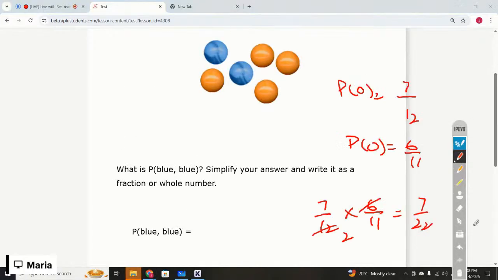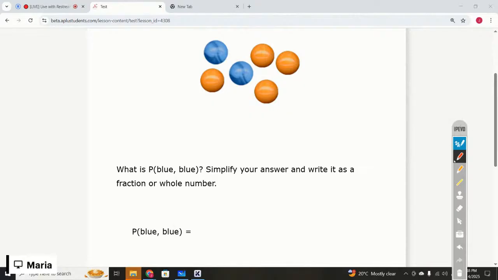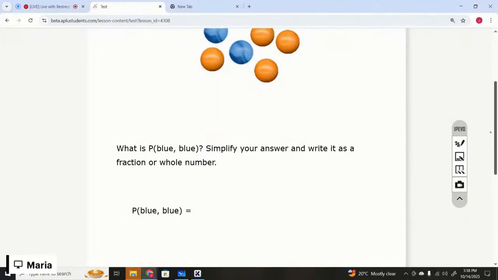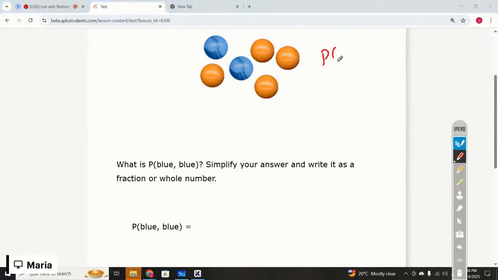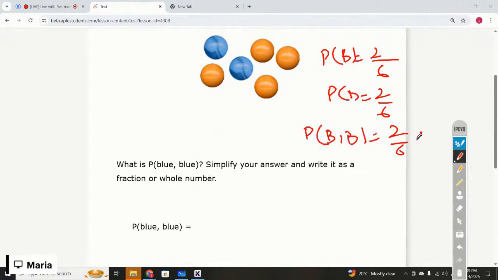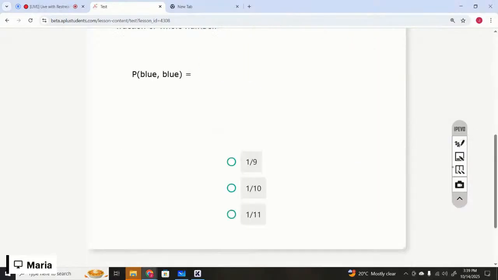The probability of blue is 2 out of 6, and the probability of blue is 2 out of 6. So the probability of blue and blue is 2 by 6 times 2 by 6. That is 1 over 9. Option number 1 is the correct option.